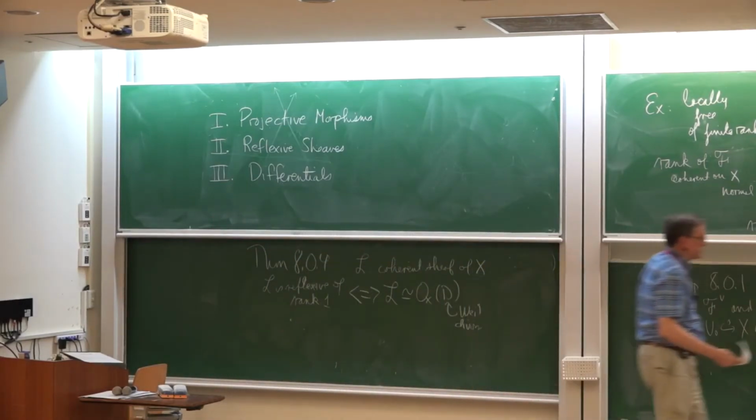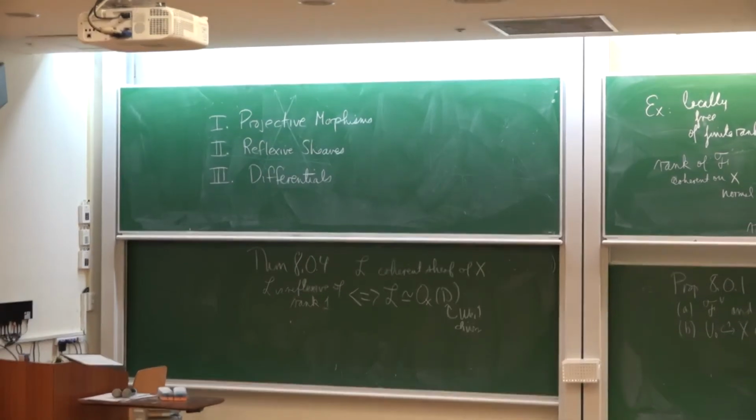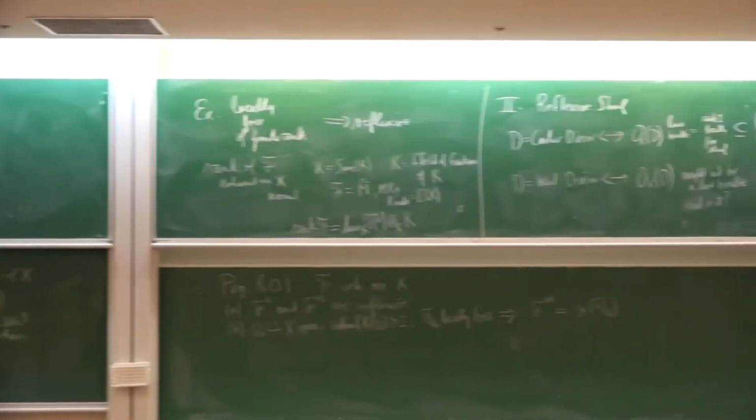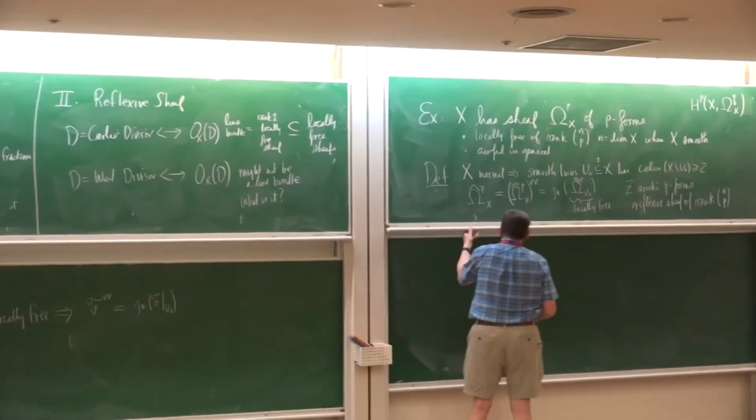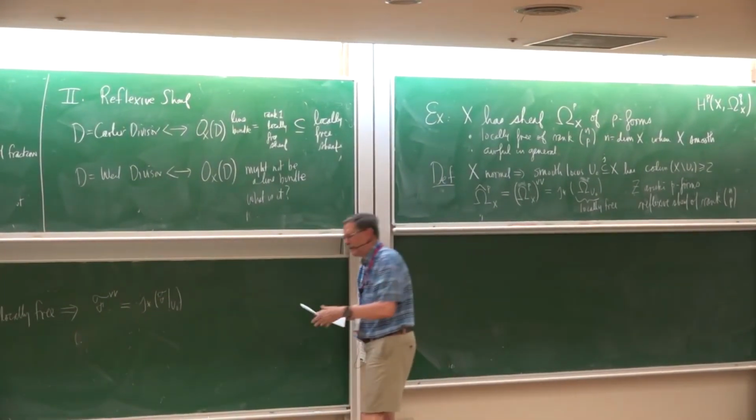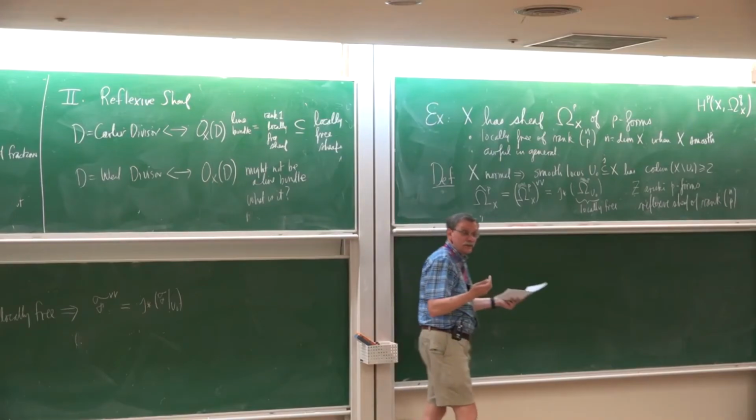Now the final thing I want to say about reflexive sheaves is that there's stuff you do to them. Because after all, I already talked about the dual. The other thing you do to sheaves is you take their tensor product.